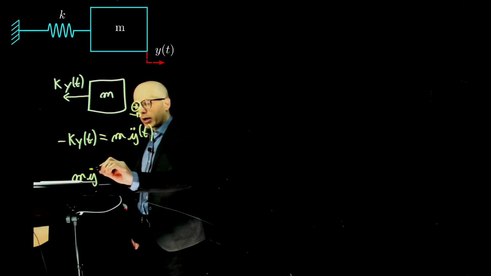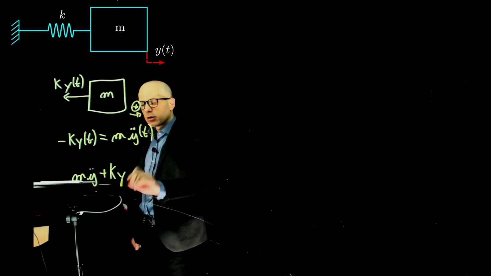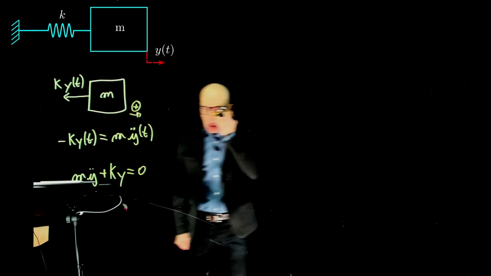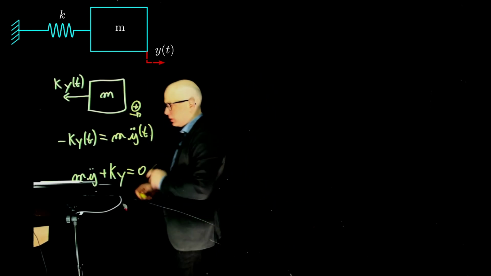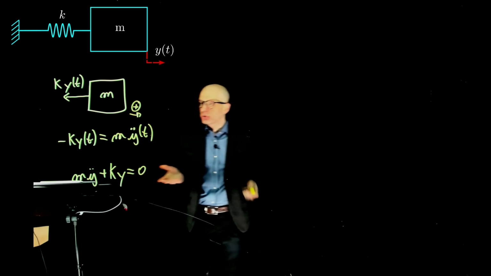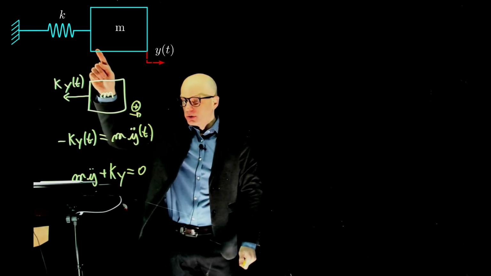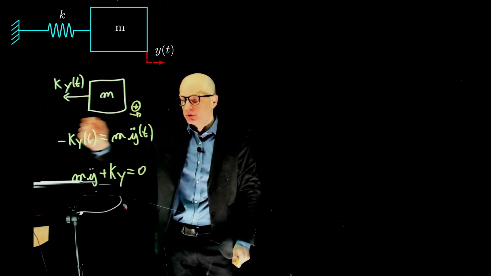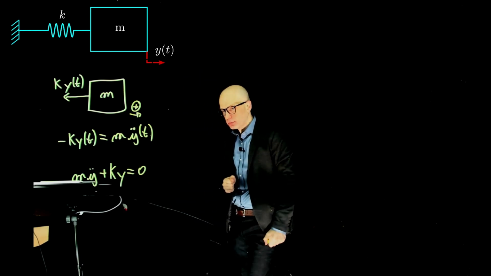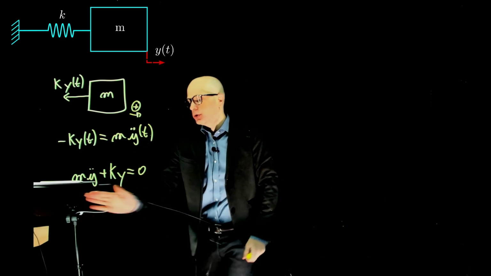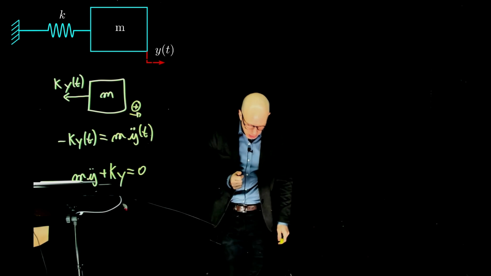So m y double dot plus k y equals 0. And that's the equation of motion for this mass spring system. There is no damper, right? If we had friction between this and the ground, then another term would show up here, which would depend on y dot. Well, for now, that's the equation of motion. This is basic from lecture 3.